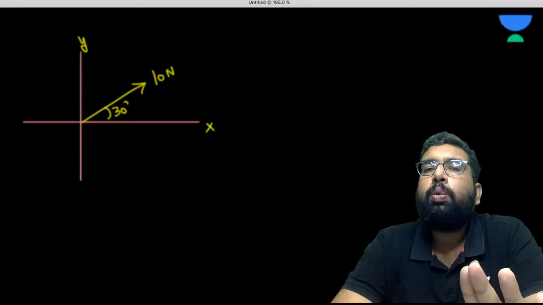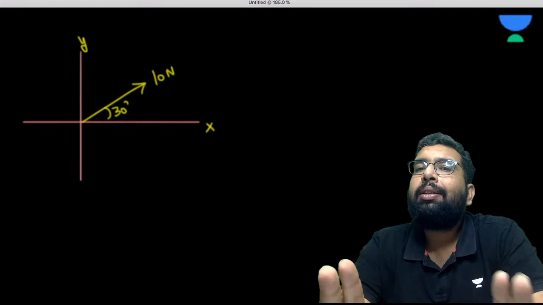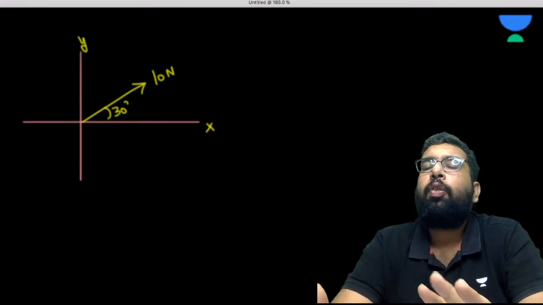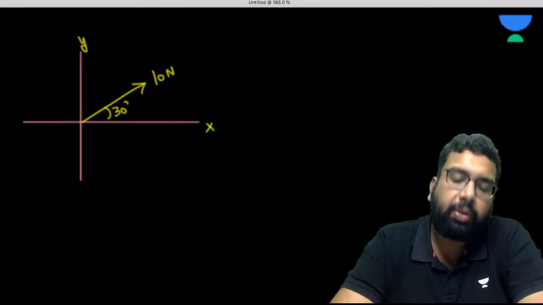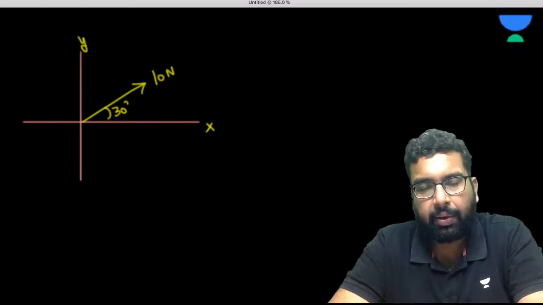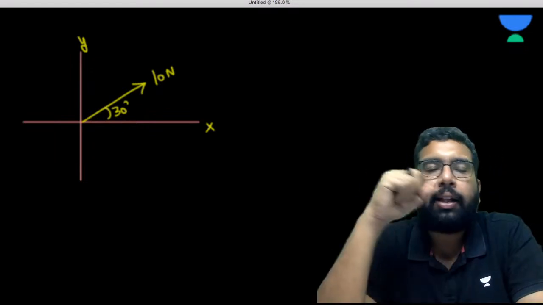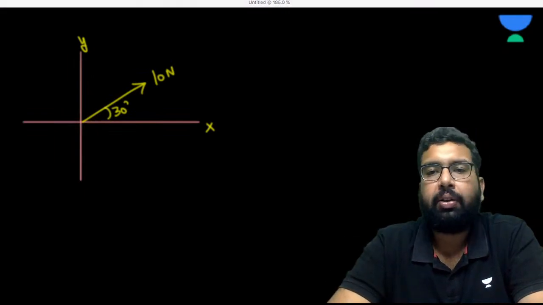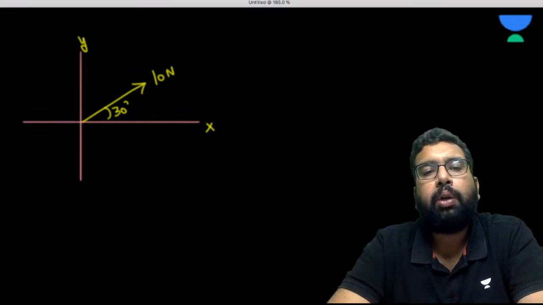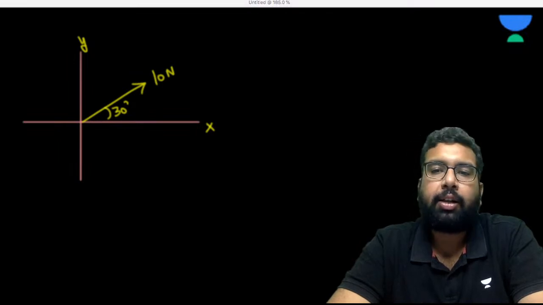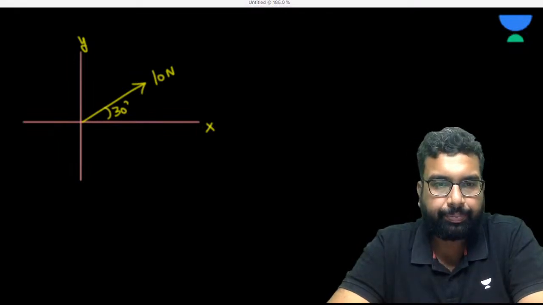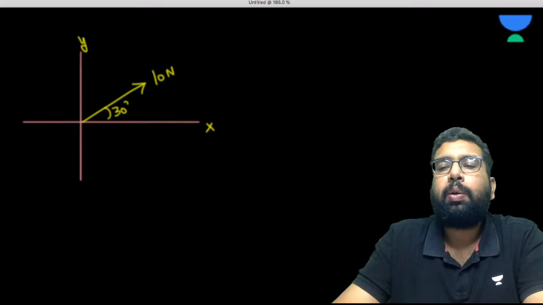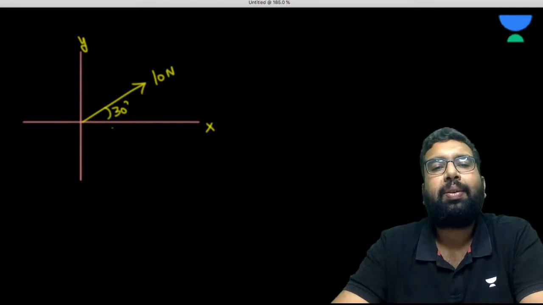So we want to know, if there is a vector, what is the contribution from the x direction and what is the contribution in the y direction. That is the basic reason for doing the resolution. Later we'll take this up with the Cartesian coordinate system. So what are going to be the components?